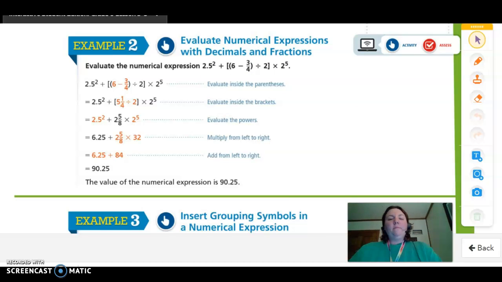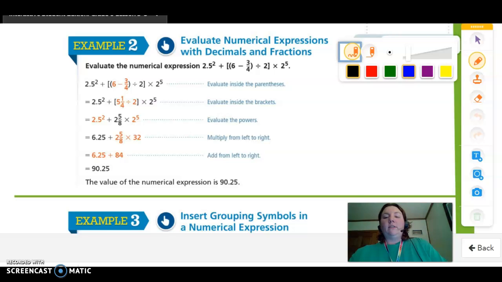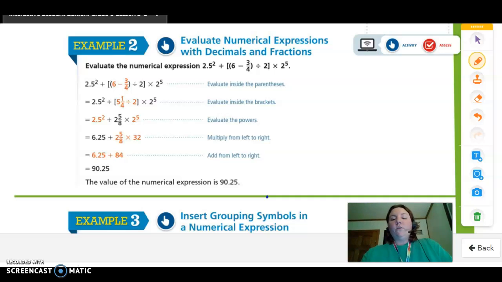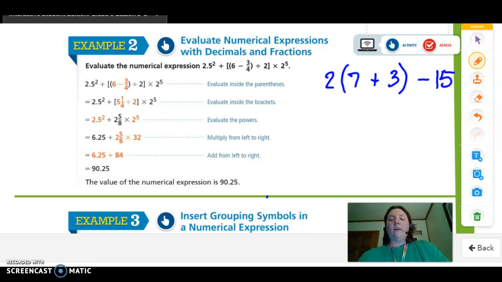Okay, I'm going to write down another example that might show where it's a little easier to do that distributive property first. Okay, so let's just say that I had this example. 2 times 7 plus 3 minus 15. Okay. We could start inside the parentheses and we could do 7 plus 3.